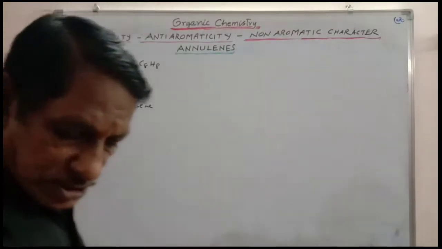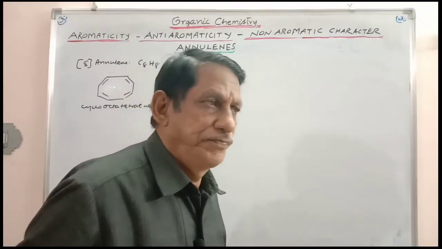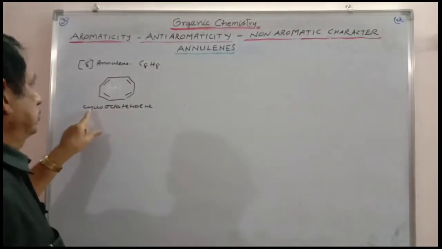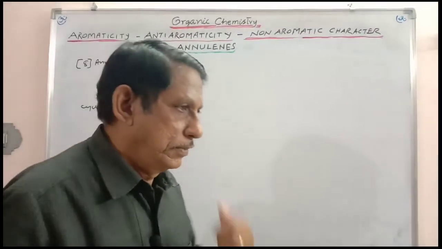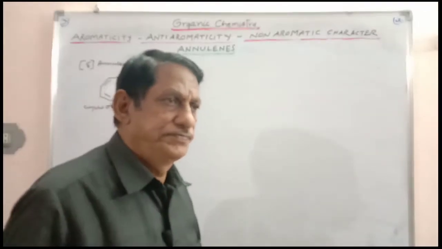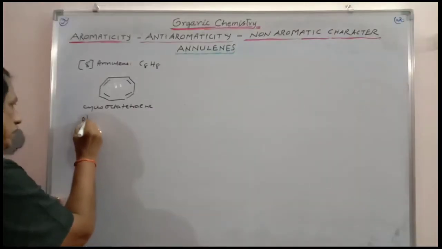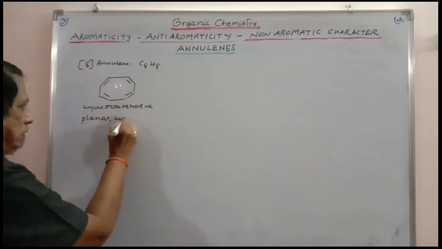Now let us consider 8-annulene, that means C8H8. C8H8 can also be called cyclooctatetraene. This is the structural aspect. All are sp2 carbons, as a result of which this is planar, no doubt. Cyclic, okay.